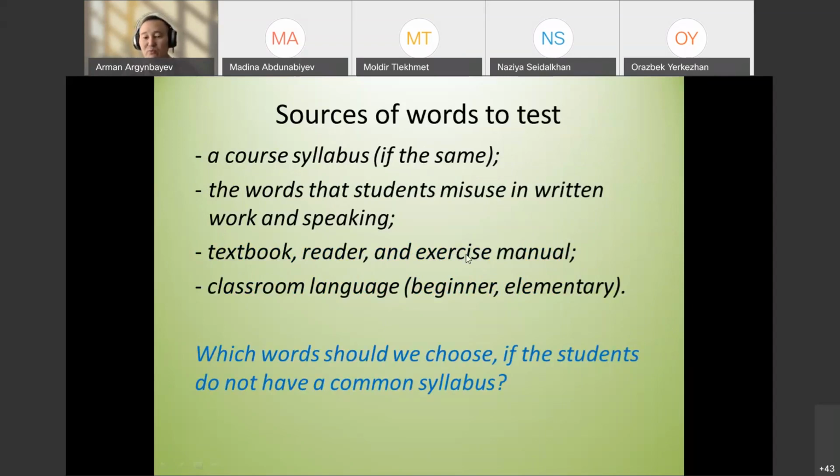And as we mentioned, classroom language. Beginner, elementary, especially those phrases. You should teach classroom language first. I don't understand. Can you speak more slowly, please? Your pen. Does anyone have a spare pencil? I don't know.